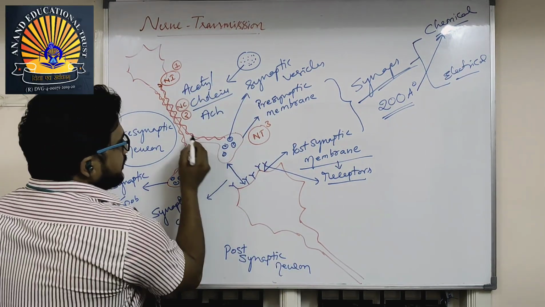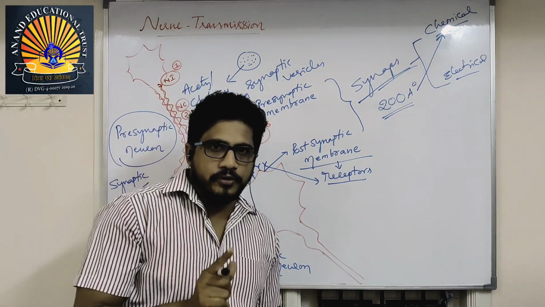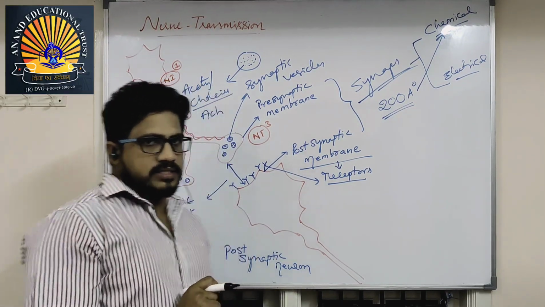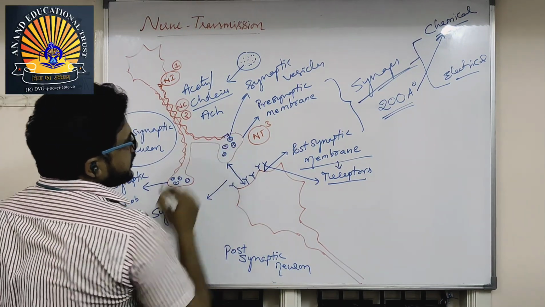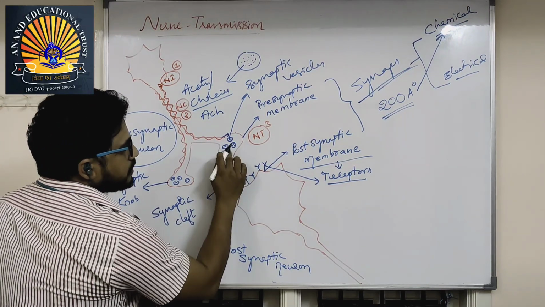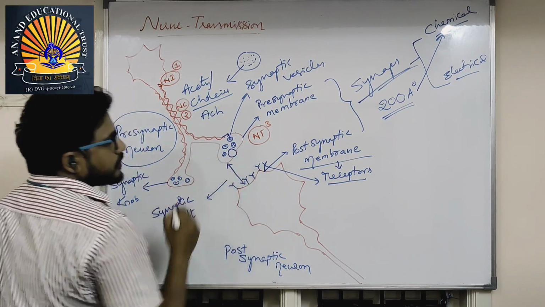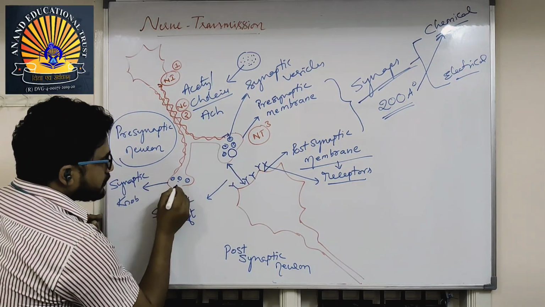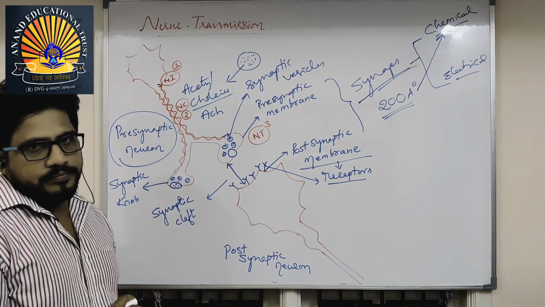The impulse travels because of local current flow, as we discussed a couple of minutes back. Because of this flow, when it comes to the synaptic knob, due to the charge, the synaptic vesicles migrate towards the edges of the synaptic knob.